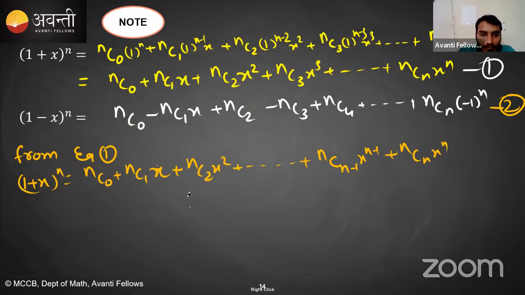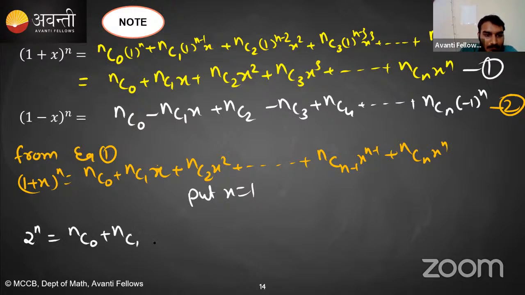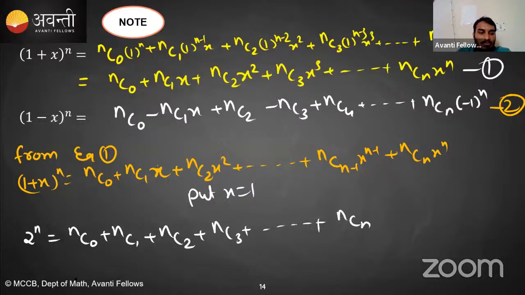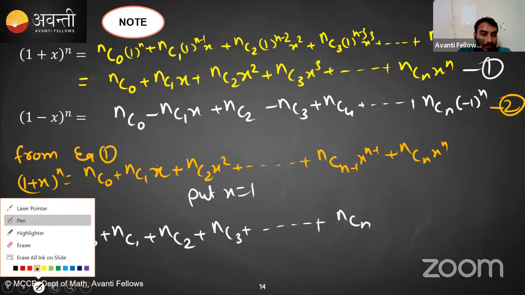Put x equal to 1 in this equation. So you will get (1 + 1)^n, so 2^n is nC0 + nC1 + nC2 + nC3 up to nCn. Clear? This is a very important formula.